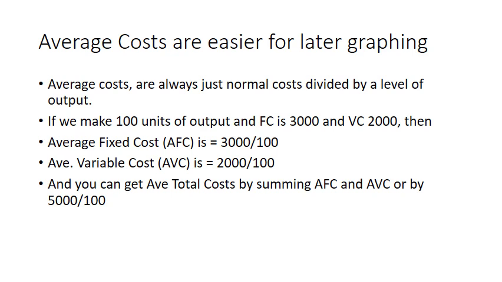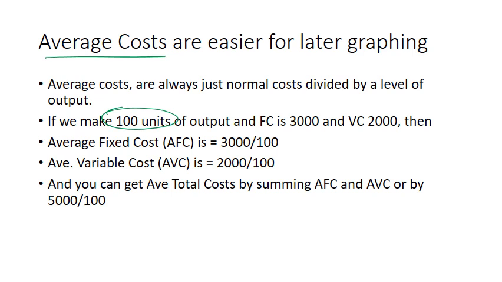Now, we have to understand our fixed and our variable and our total costs. But in those simple forms, they're actually not that useful for graphing and firm analysis. So oftentimes what we're going to use are average versions of them. And average versions are just normal costs that are divided by a specific level of output.